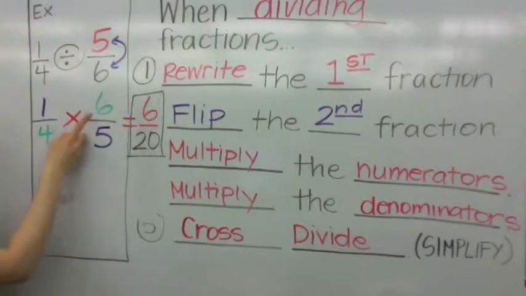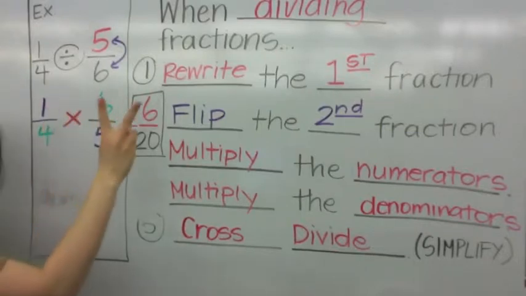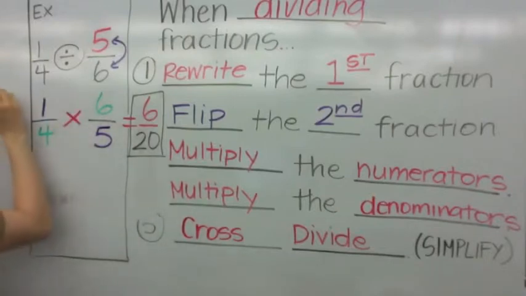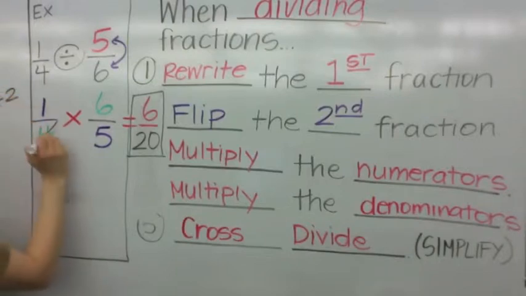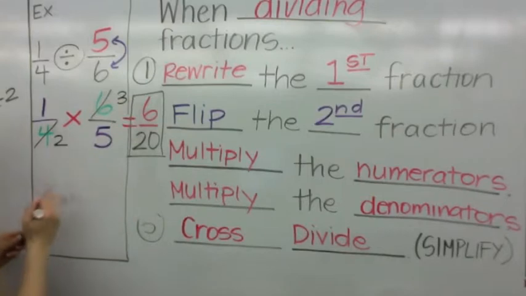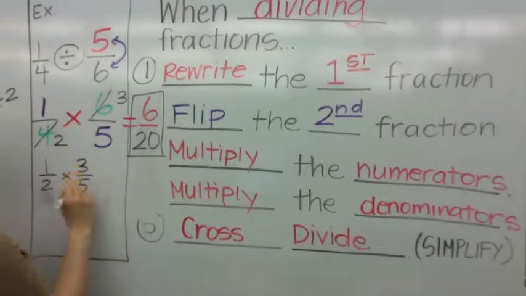Could you cross divide 4 and 6? You could divide by what? Divide by 2. And if you divide by 2 across, 4 divided by 2 is 2. 6 divided by 2 is 3. So if you rewrite the fractions as 1/2 times 3/5, what's your answer?